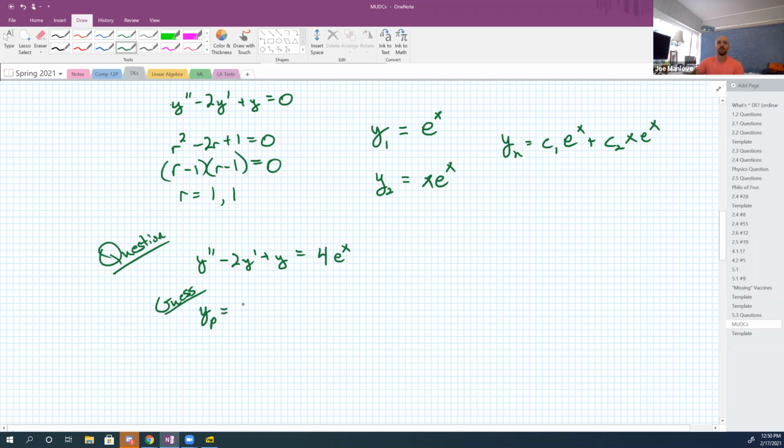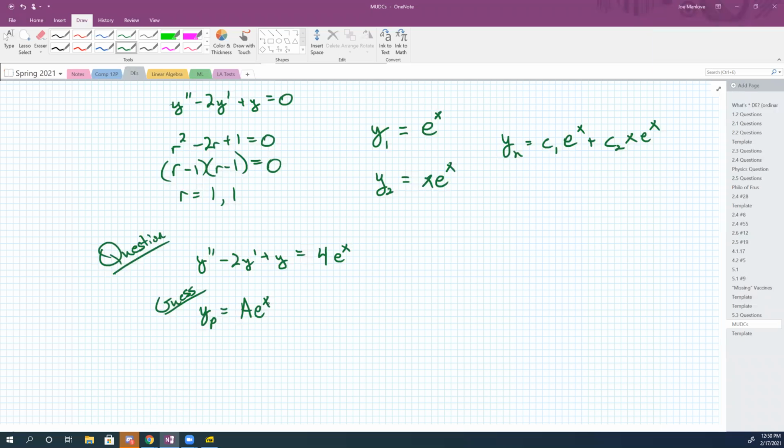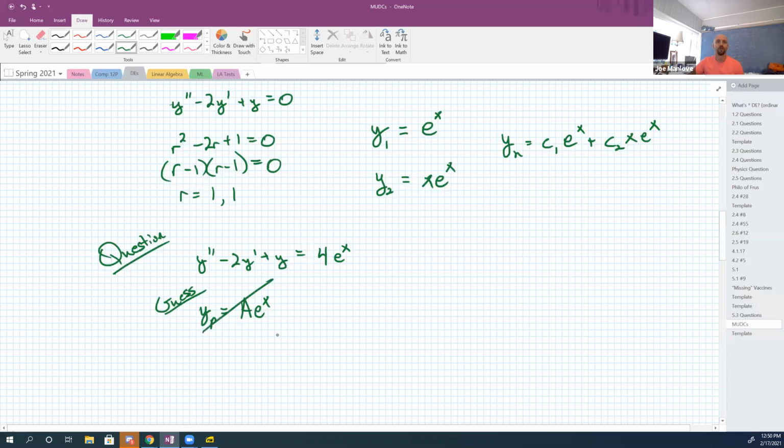Your first idea is going to be to guess a e to the x, right? Is that going to work? No, it's going to cancel to 0. Yeah, that's all going to go to 0 because that's one of the homogeneous solutions. So this isn't going to do it for you. So what's your next guess?